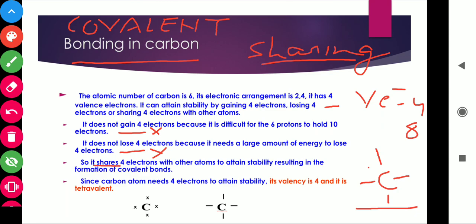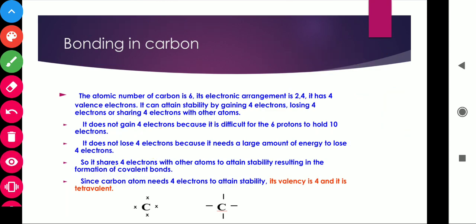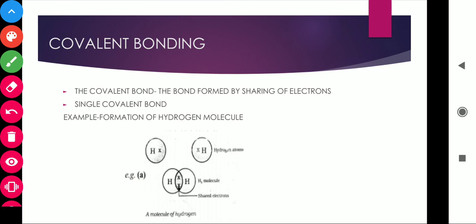Now let's learn about covalent bonds. Covalent bonds may be of many types. They are formed by sharing of electrons. First, the covalent bond which is formed by sharing of a single electron from each atom.